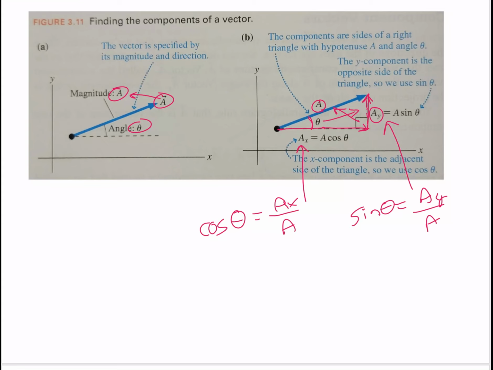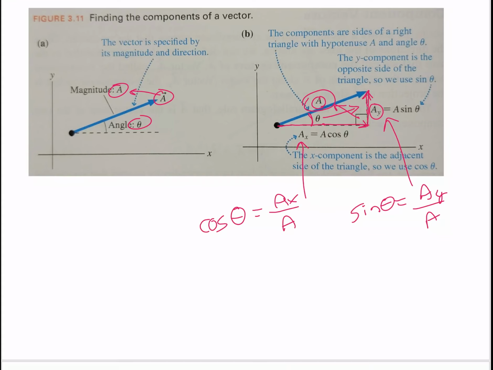So we're going to be using trig a lot to help us come up with what the components are on the triangle that we're looking at, when we break apart our original vector into components, a sub x and a sub y. It's helpful to think about the SOHCAHTOA acronym that we deal with so that we can look at what we have and then set up whether we're going to be using cosine or sine. Okay?